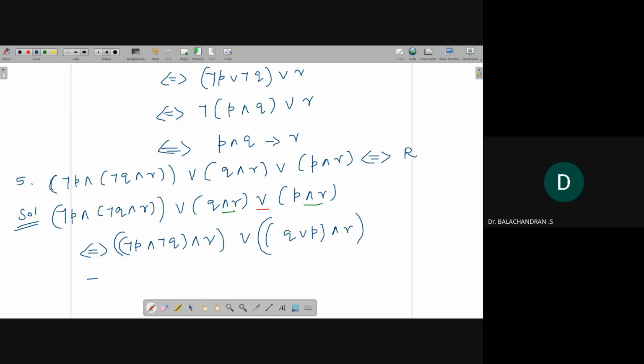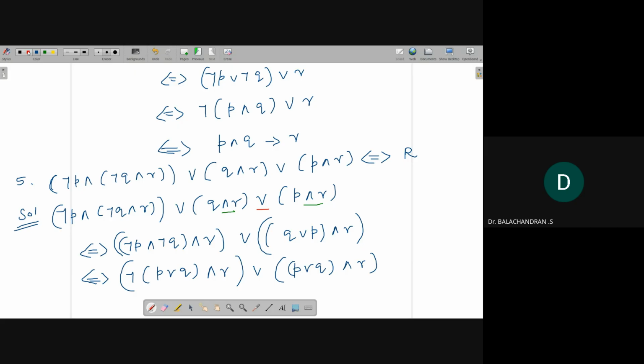Now this is equivalent to, here I am going to apply De Morgan's law, negation of (P or Q). If I take negation common, so P or Q, and then what? R. So here you have again R, apply commutative law, P or Q and R.